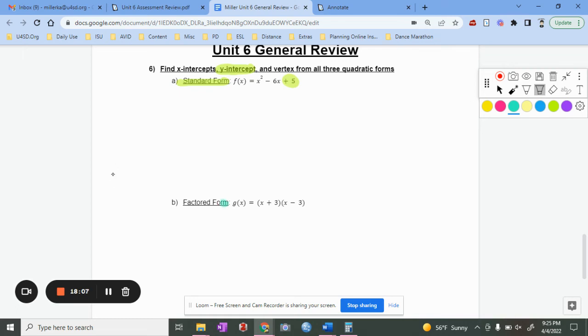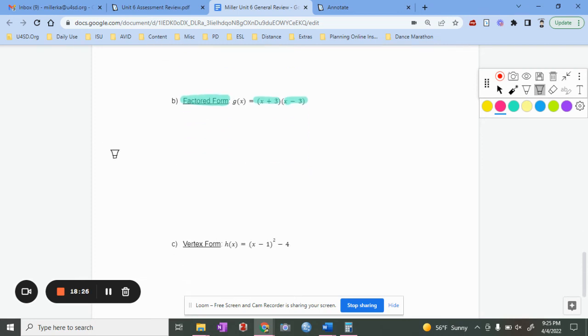In factored form, we're going to easily be able to find our x-intercepts because that's what makes our parentheses 0. And lastly, in vertex form, we're going to be able to find the vertex, and that's down here. Remember, our vertex, we take our h and k values to identify the vertex.